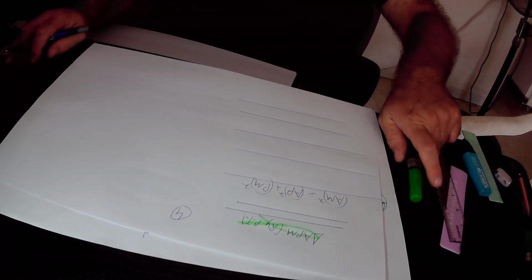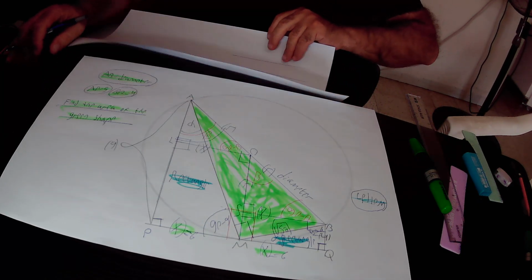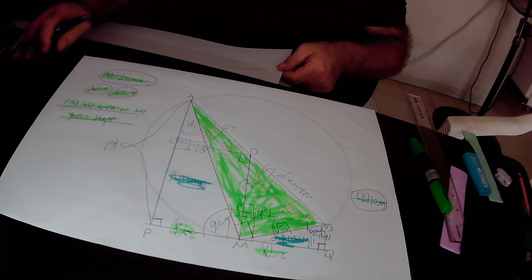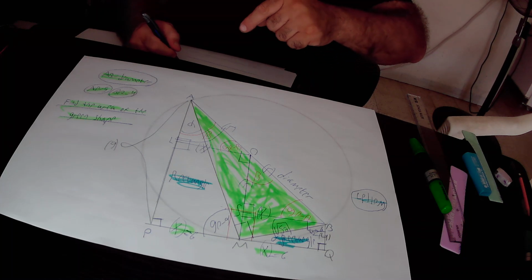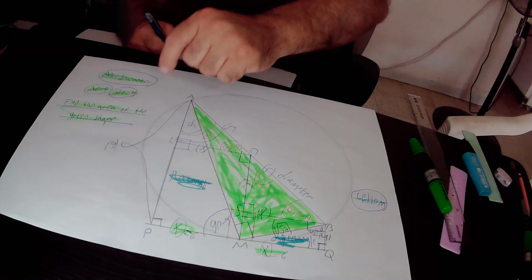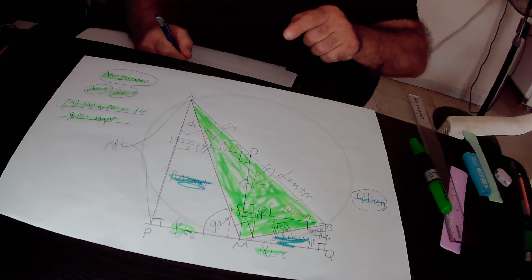AM squared, that is the square of the hypotenuse, equals AP squared plus PM squared. The hypotenuse AM is the missing side. AP is 9, therefore AP squared is 9 squared, that is 81, plus PM squared.